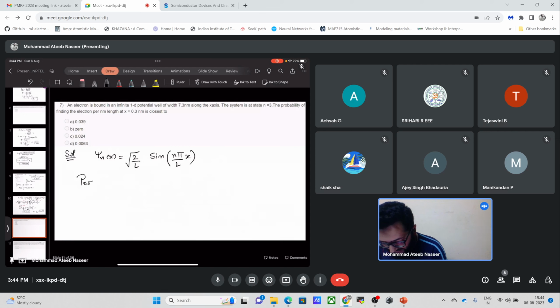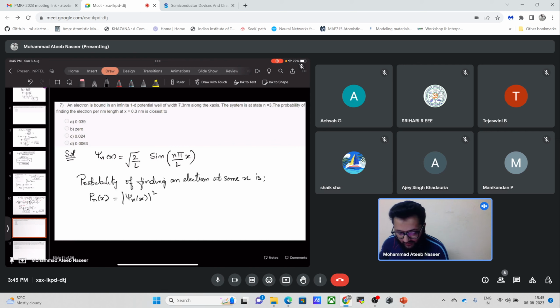Let me write it down explicitly. The probability of finding an electron at some x is simply equal to psi n of x squared, which is psi conjugate into psi, and this would simply be equal to root 2 by L sine of n pi by L x, whole square.